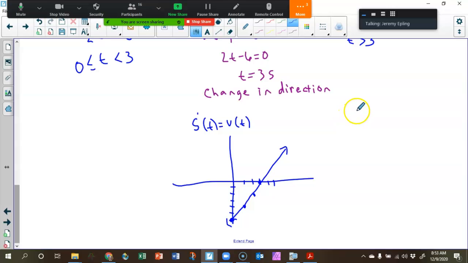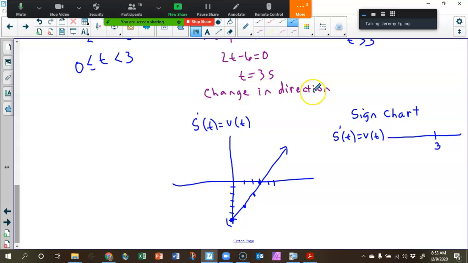Or you also could have made a sign chart. And if this had been something that wasn't linear, I probably would have made a sign chart. Now, if I'm going to make that sign chart, I have to make sure I label it. What is this a sign chart for? And I'm really only interested on that sign chart where it's equal to 0.